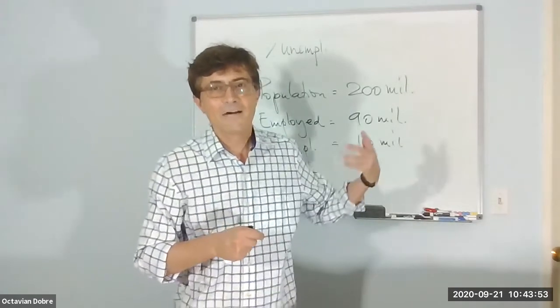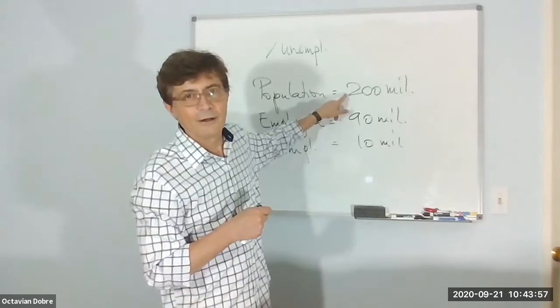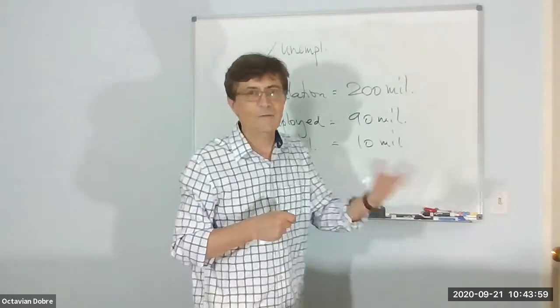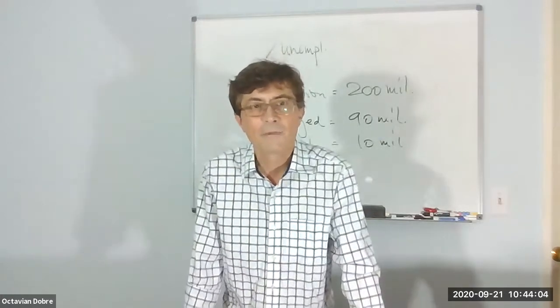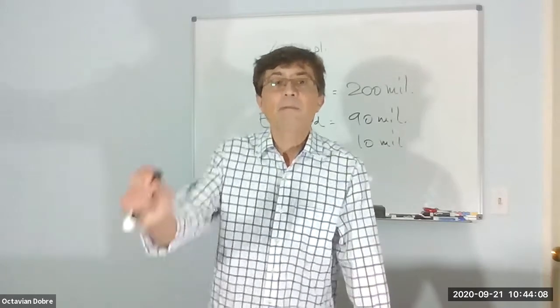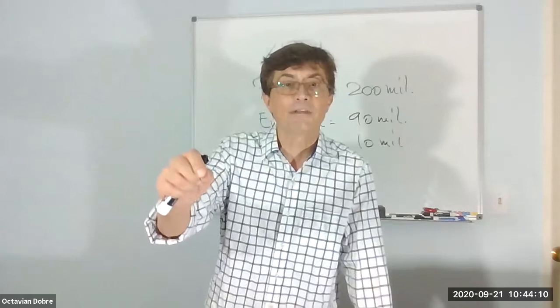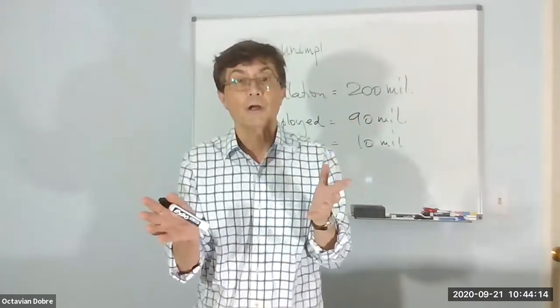I was thinking 5 because it's 10 million out of 200 million, and that's 5%. But you should not calculate unemployment that way, because what you're interested in is how many people are not finding jobs out of the group of people who are available to work.